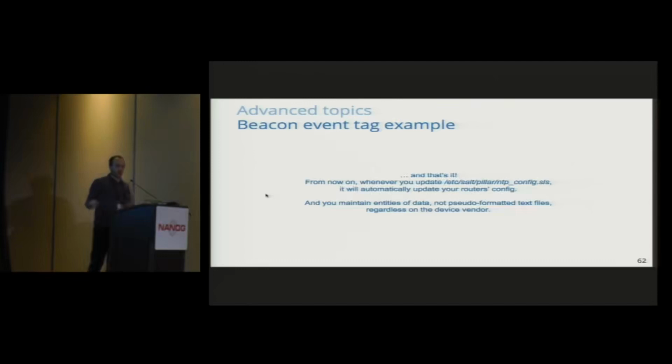And if you set up your Git to follow the origin, when the pull request is merged, the file will be updated also on your server. And when the file is updated on the server, it will kick in the reactor and update the router's config. So you basically click one single button, merge the pull request, and you have your network up to date.